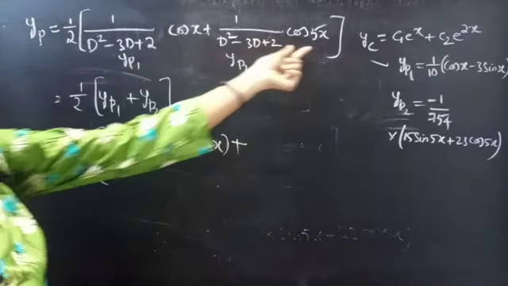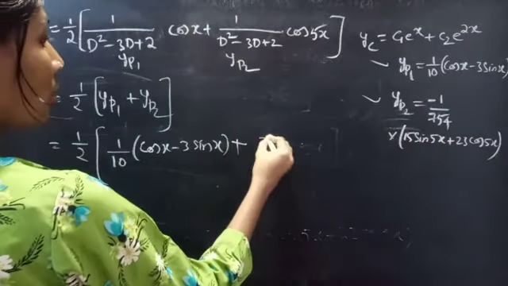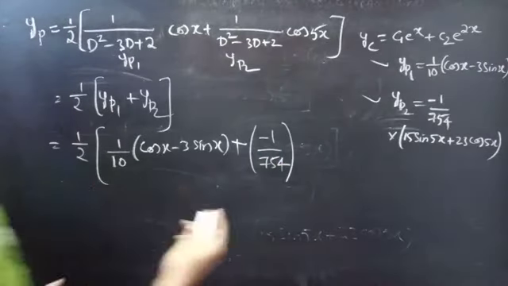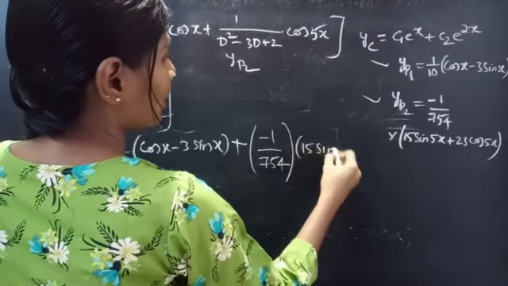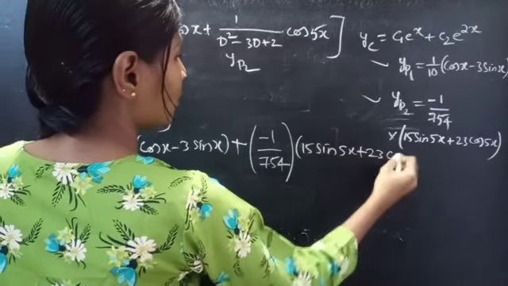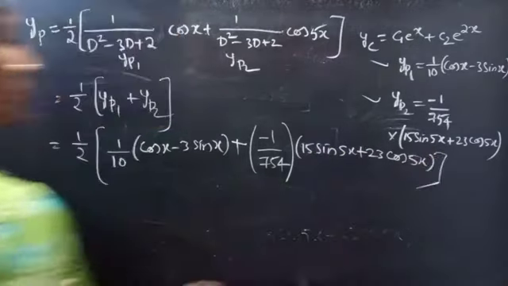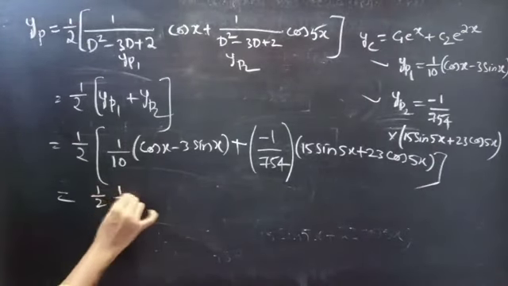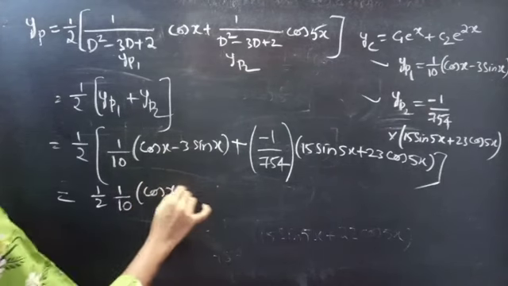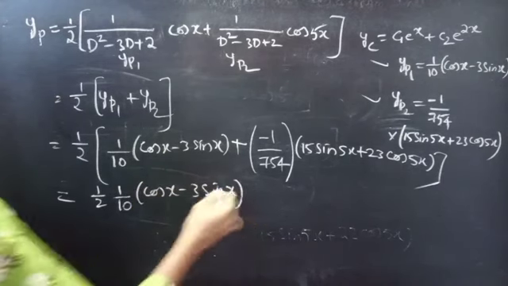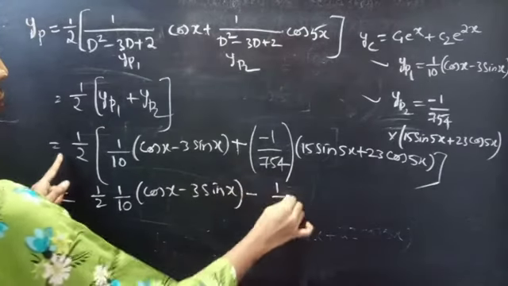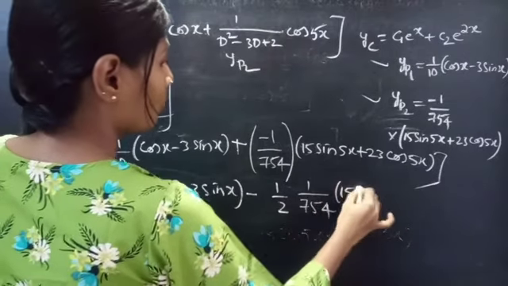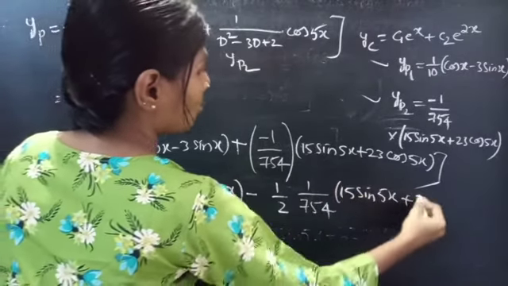The result obtained from 1 by f of D into cos 5x is minus 1 by 754 into 15 sin 5x plus 23 cos 5x, which is equal to 1 by 2 into 1 by 10 into cos x minus 3 sin x plus 1 by 2 into minus 1 by 754 into 15 sin 5x plus 23 cos 5x.